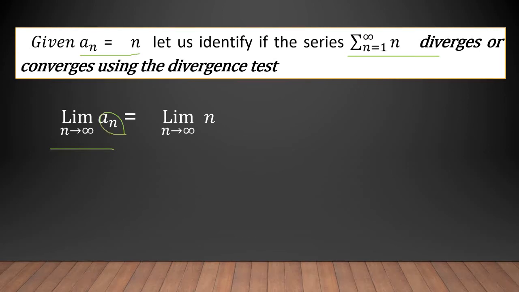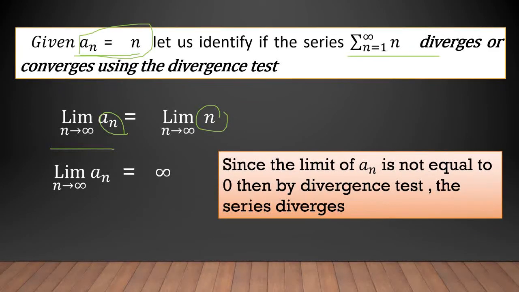Based on the given, an is n, and the limit of n as n approaches positive infinity is equal to positive infinity. Since the limit of an is not equal to 0, by the divergence test, this series is a divergent series.